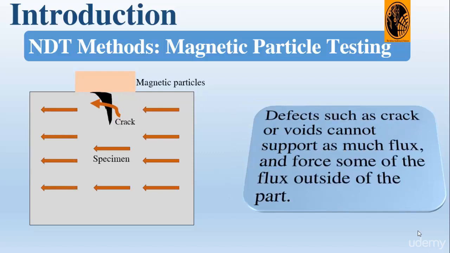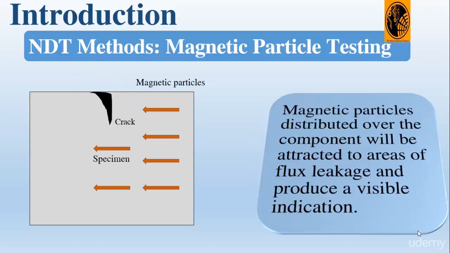The defect cannot support the flux, and it forces some of the flux outside of the part, as you can see here. The magnetic particles distributed over the component will be attracted to areas with flux leakage and produce a visible indication.